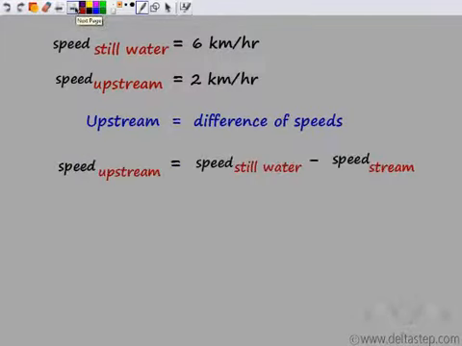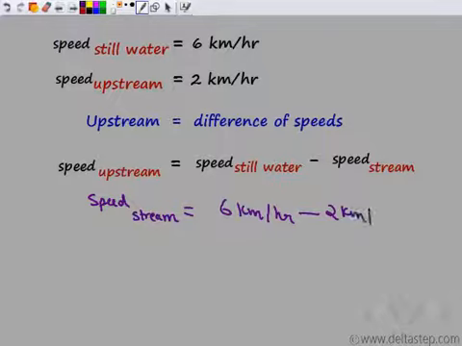So speed of the stream would be equal to speed of still water, which is 6 kilometers per hour, minus speed upstream, which is 2 kilometers per hour. So this gives me that speed of the stream is 4 kilometers per hour.